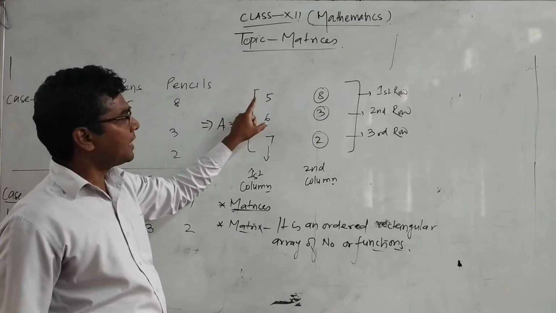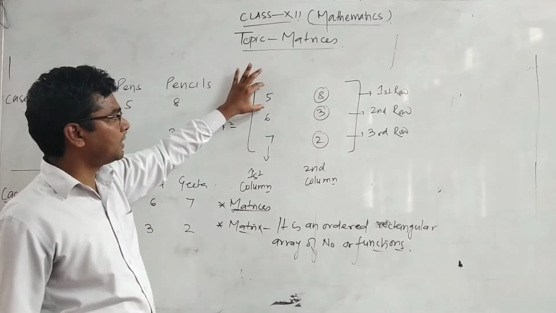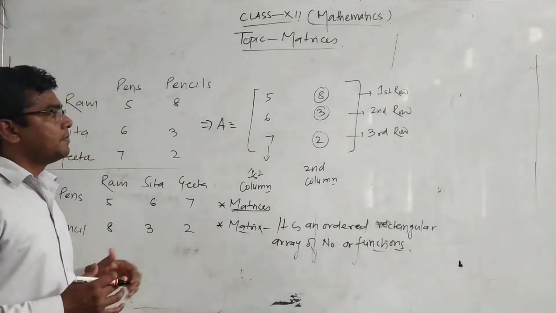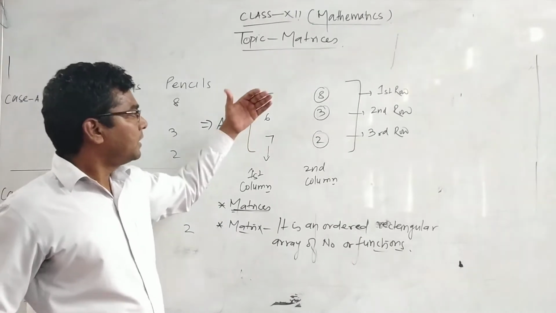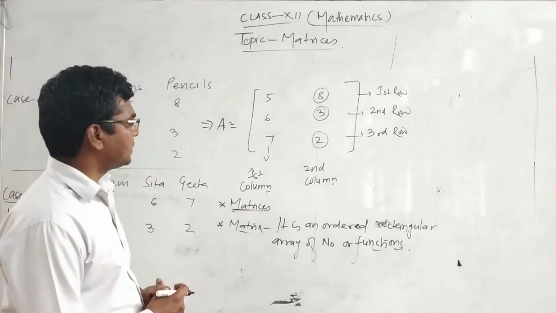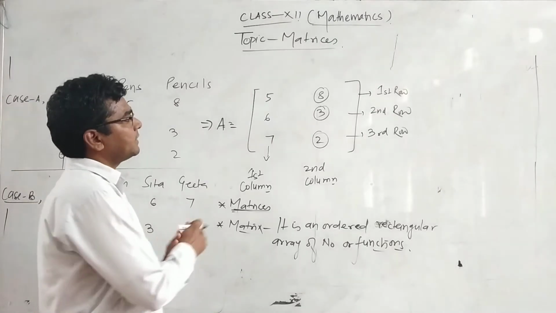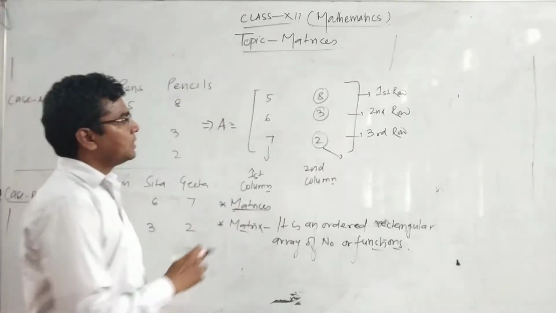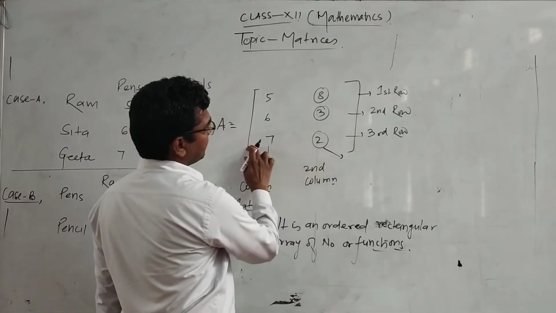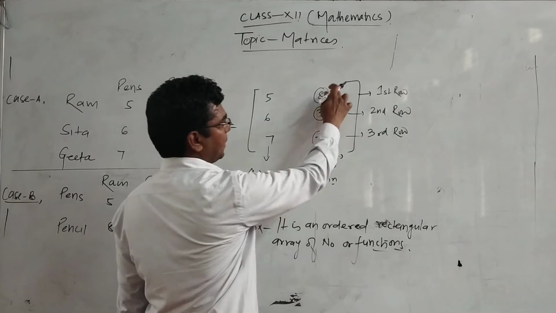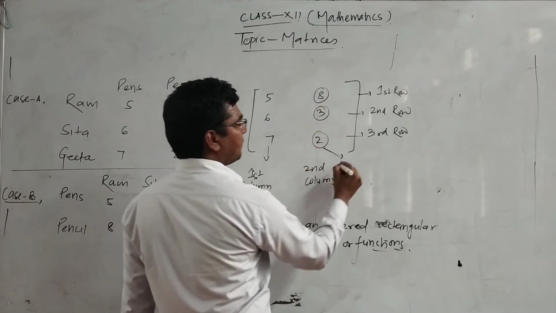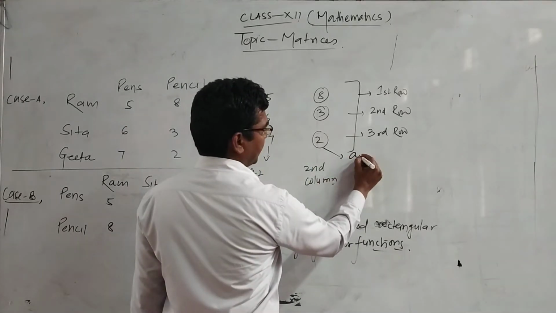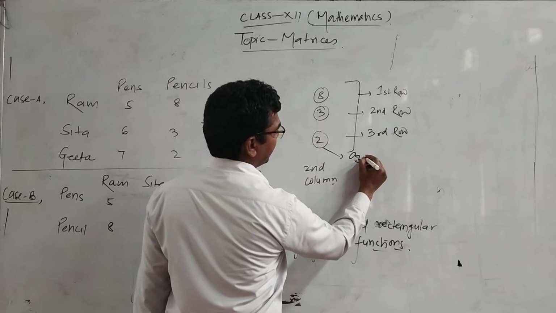Now I have already told you that the numbers here have some fixed location. So how can we write the address of these numbers? It is very easy. If you want to write the address of this number, it lies in row number 3 and column number 2. So generally we give the address of this element by row number 3 and column number 2.